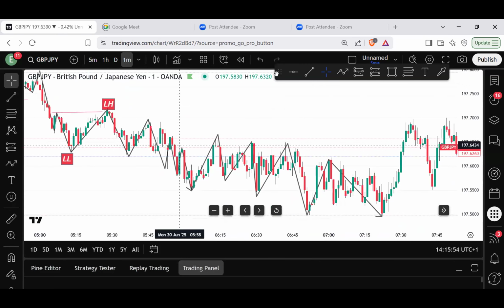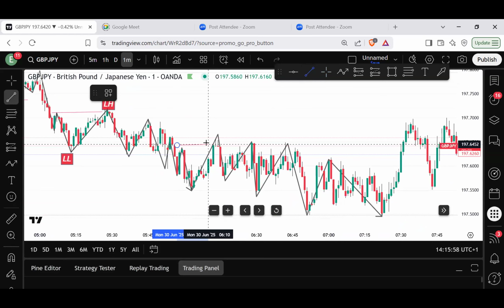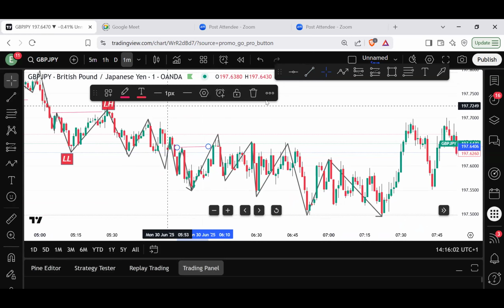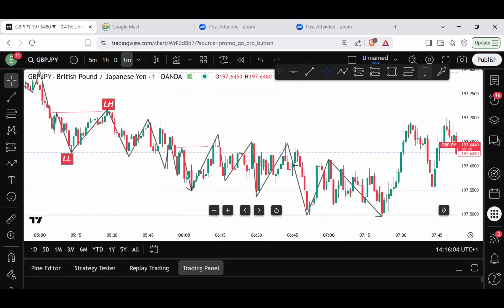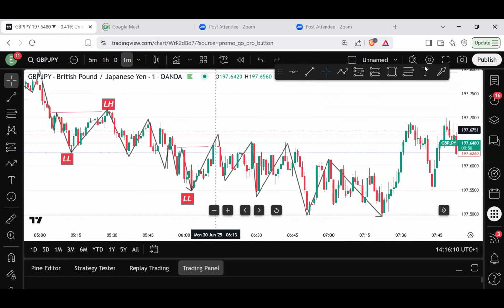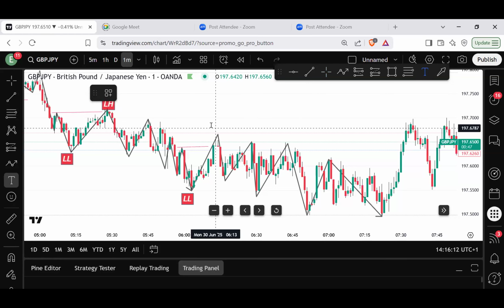Okay, so we have another inducement here. So meaning this is lower low, lower high.